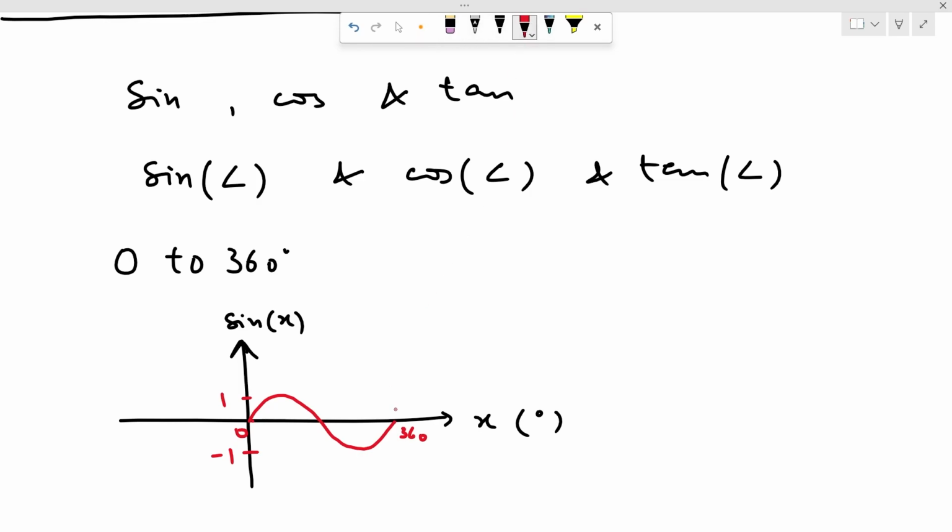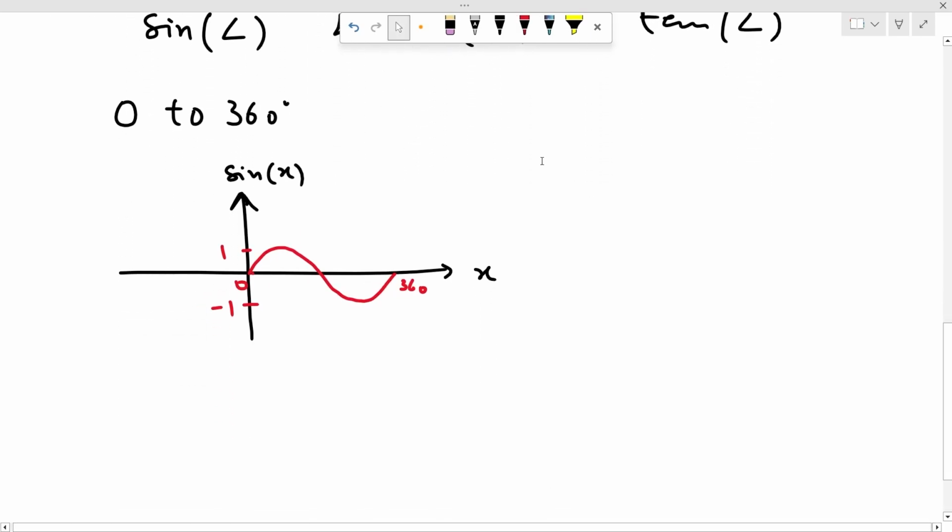This pattern then repeats itself. So at 720 degrees, we will have two waves.